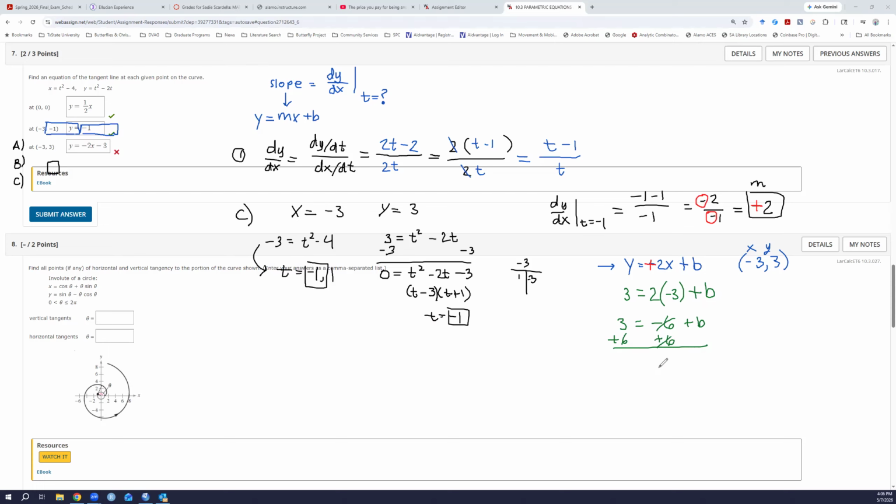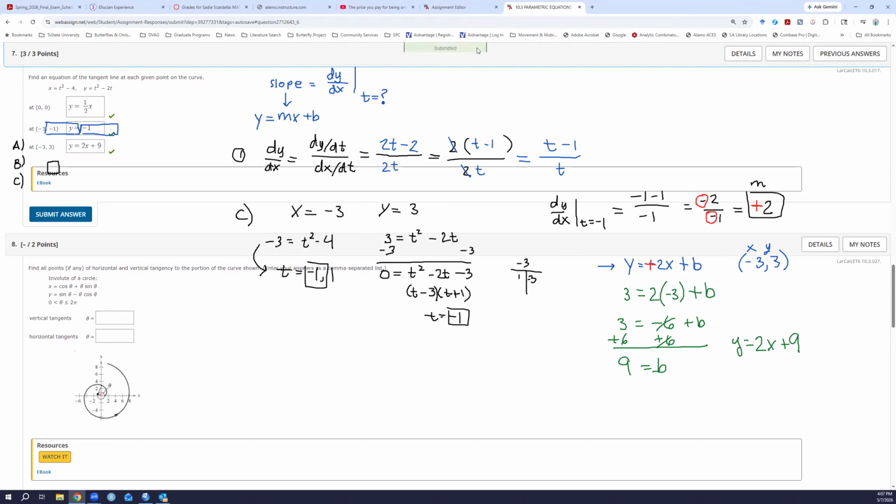Cancel out the 6, and we get b is equal to 3 plus 6 is 9. So this should be 2x plus 9. And let's see if I haven't overlooked some other tiny little error. So positive 2x, and then this should be a plus 9. And let's see if this works.